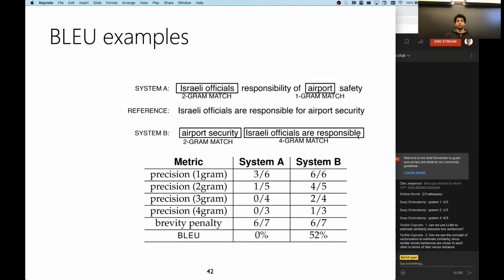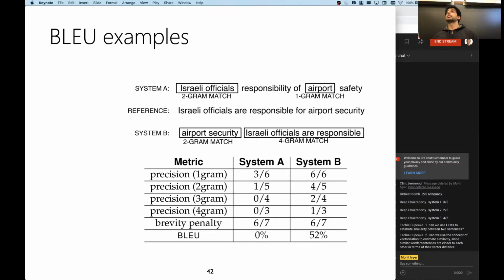So overall, you can average all of these scores using the geometric mean. You'll find that system A gets a BLEU score of 0 because it has 0 precision for trigrams and fourgrams. System B gets a BLEU score of 52. So overall, this is just a demonstration of how you might compute the BLEU score for a single sentence.